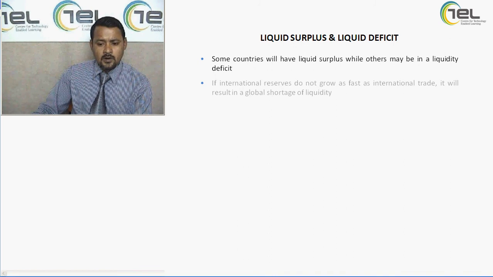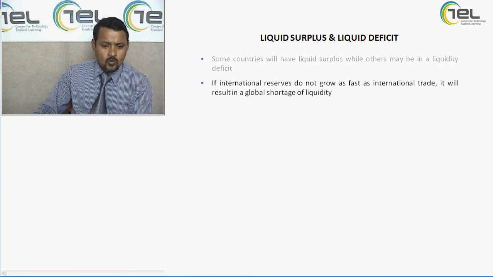It was on the verge of being insolvent. It could not pay the repayments of the International Monetary Fund's loans for 3 months. So if international reserves do not grow as fast as international trade, it will result in a global shortage of liquidity, thereby affecting a large number of countries.